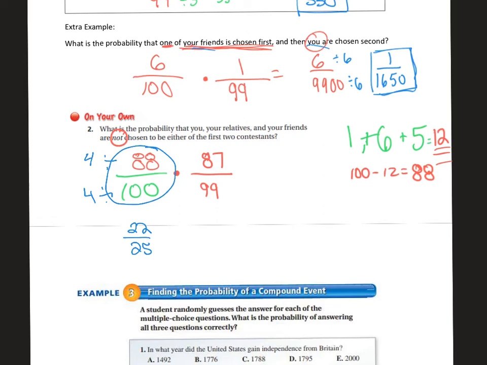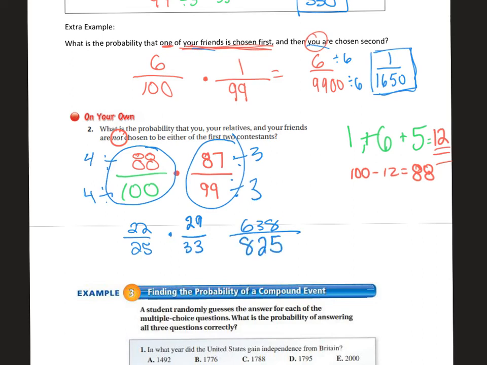Okay, I can simplify this second fraction by dividing the top and the bottom by 3. 87 divided by 3 is 29, and 99 divided by 3 is 33. So now I'm just working with smaller numbers. When I multiply across now, 22 times 29 is 638, and 25 times 33 is 825.